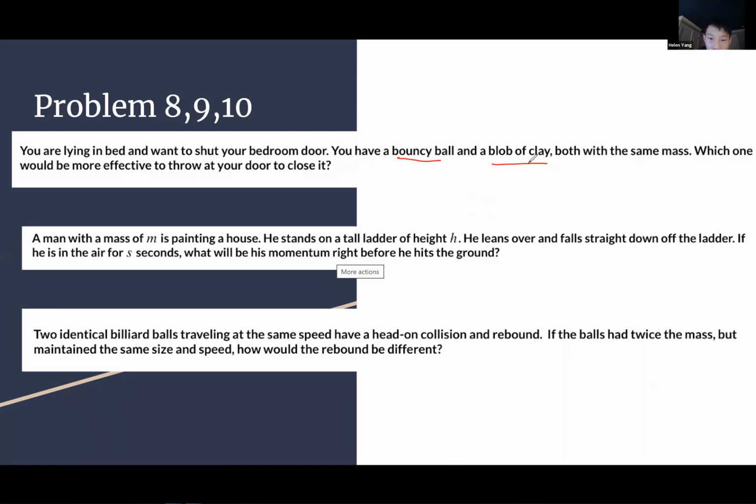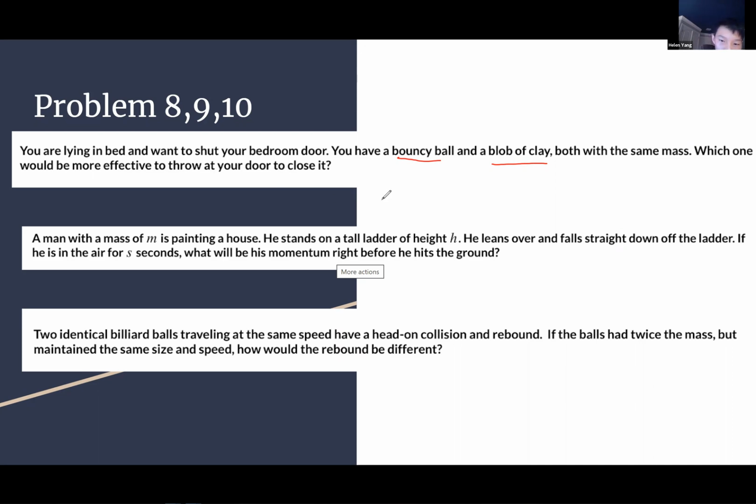So you can assume that the bouncy ball will create an elastic collision, and the blob of clay is probably going to stick to the door as it keeps moving. So it's going to be an inelastic collision.